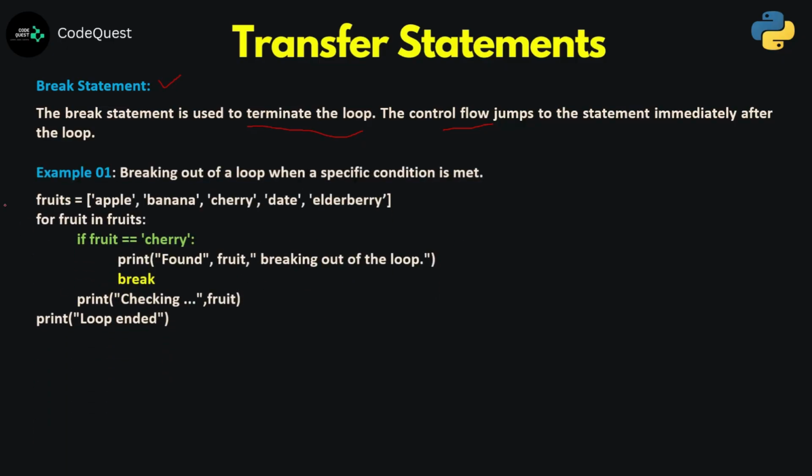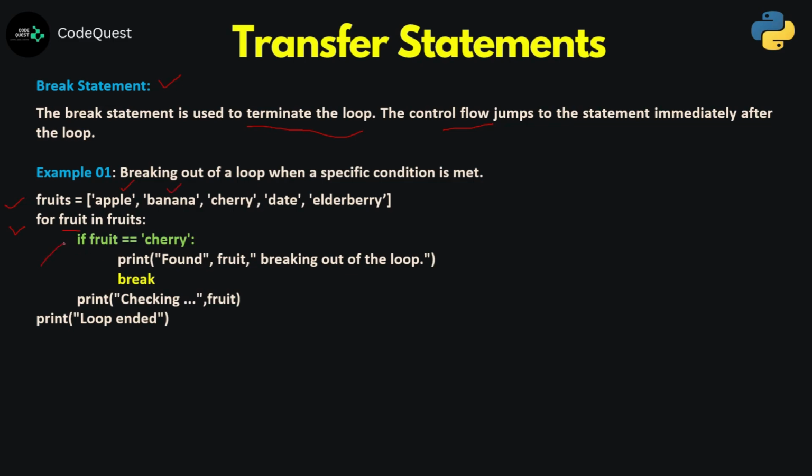Let's say we have taken a list like fruits having certain items, and we have taken a for loop here. For fruit in this particular list fruits, it is going to take one of the items at once.